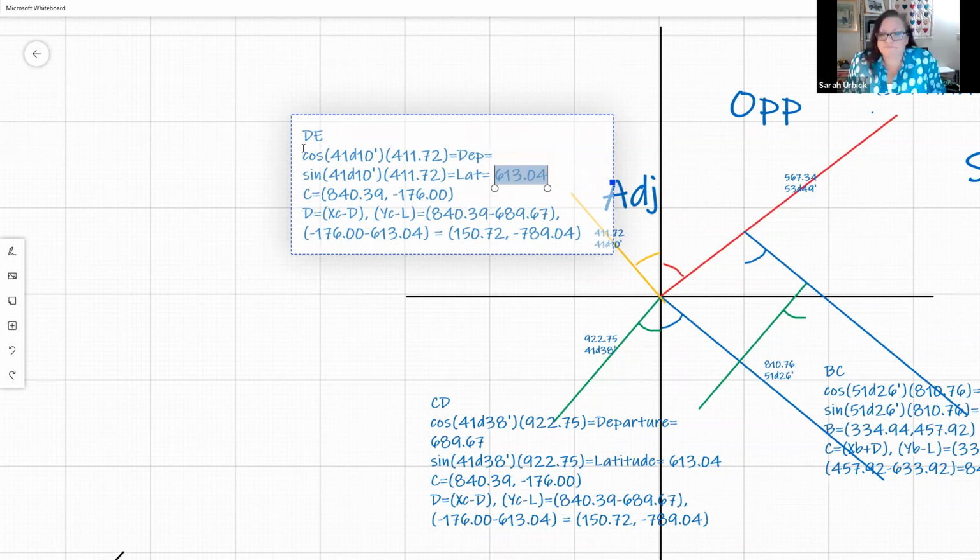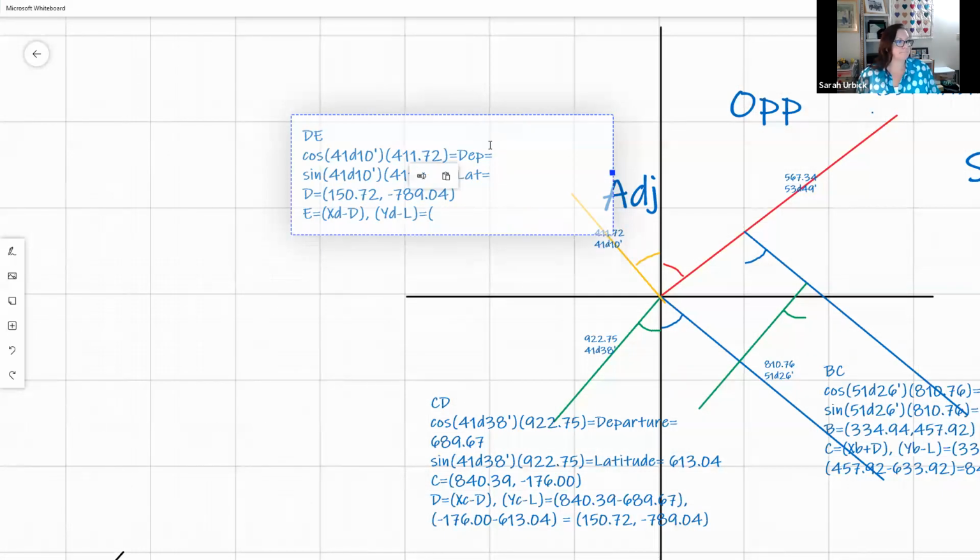Was that your departure and latitude, or is that the new coordinates? How far did you get?